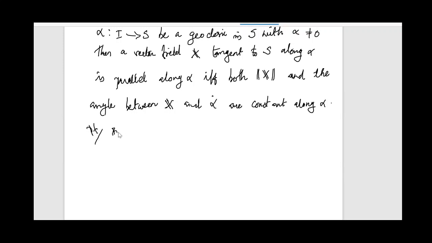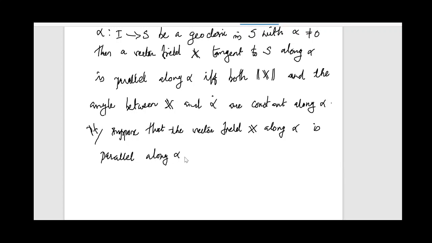Suppose that the vector field X along alpha is parallel along alpha. Now we want to prove that the norm and the angle between these two are constant.